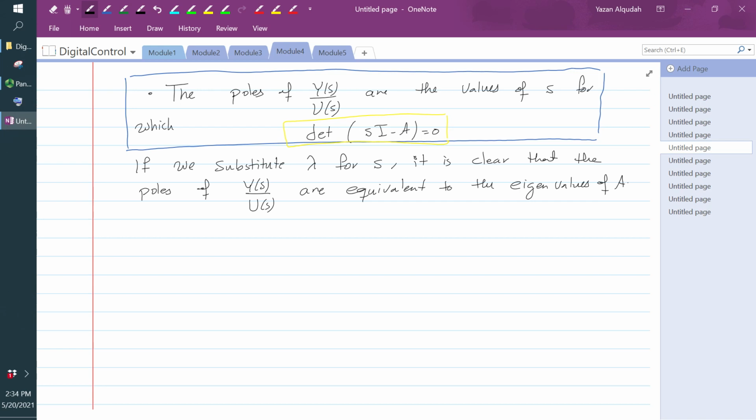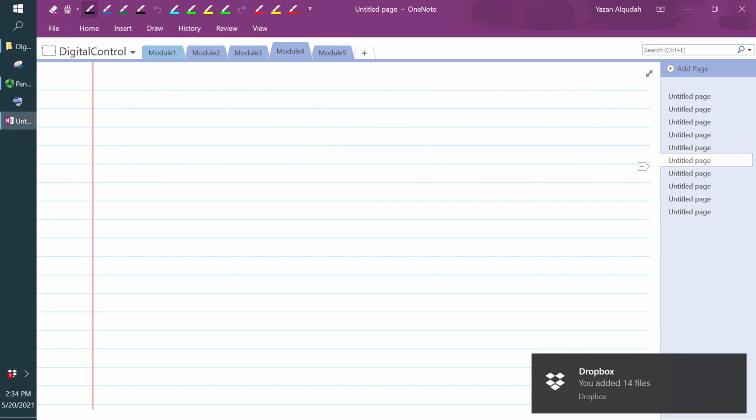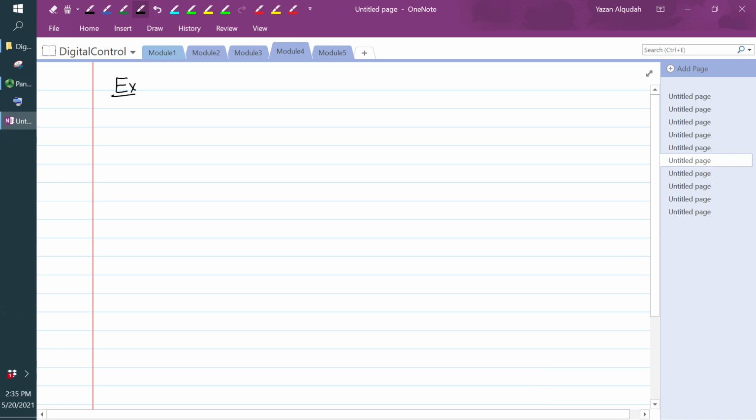Okay, so let's do an example. And let's start a new page. So continuing with the example that we started with, the mass damper example.